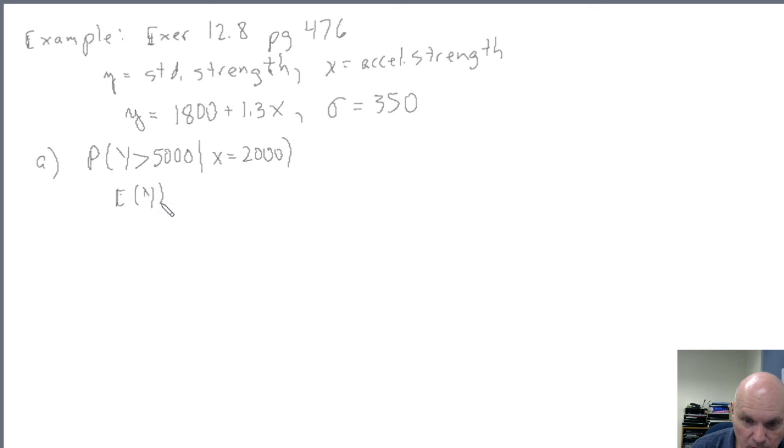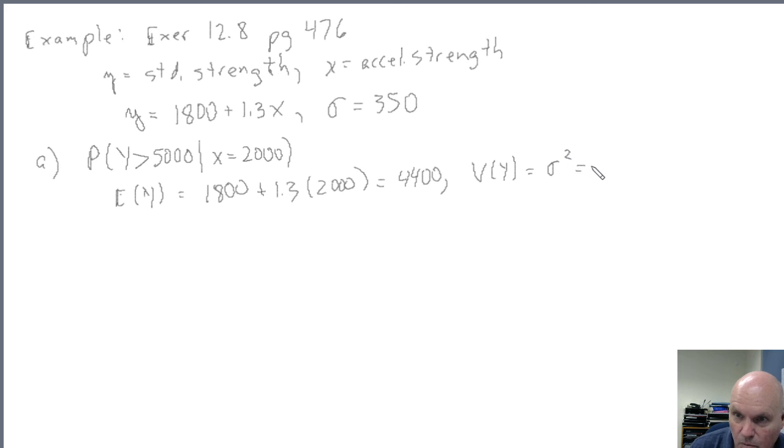The expected value of y is 1,800 plus 1.3 times, I plug in this value of x, and I get 4,400. And the variance of y is just the variance of epsilon, or 350 squared.